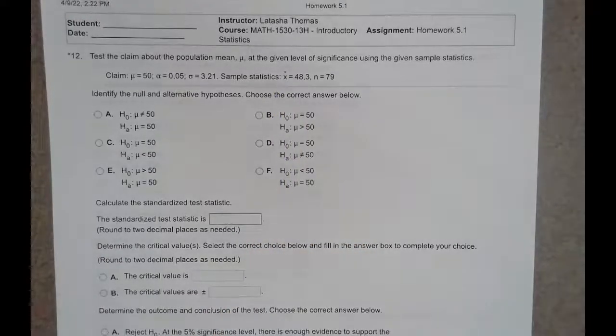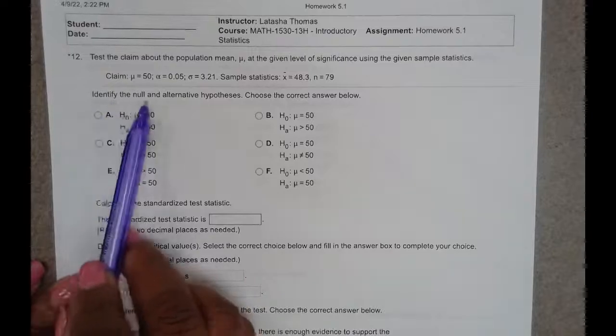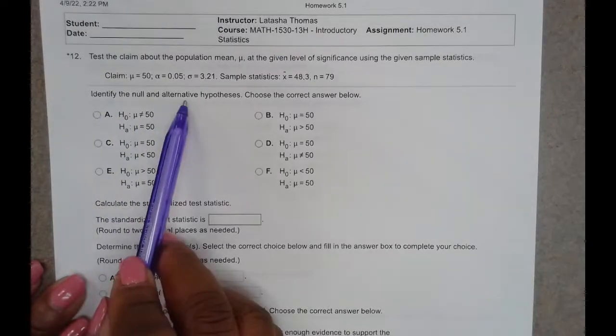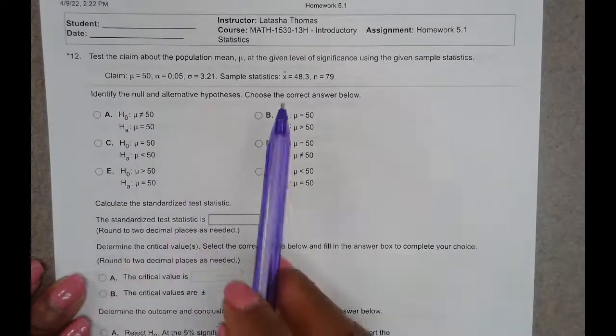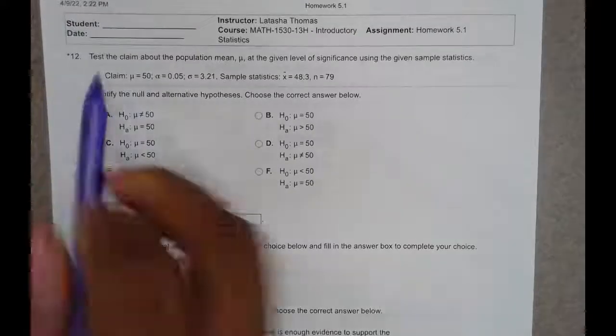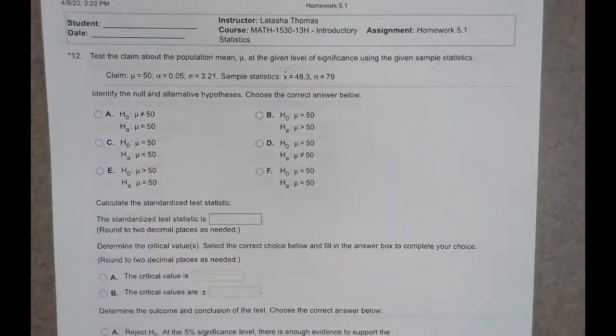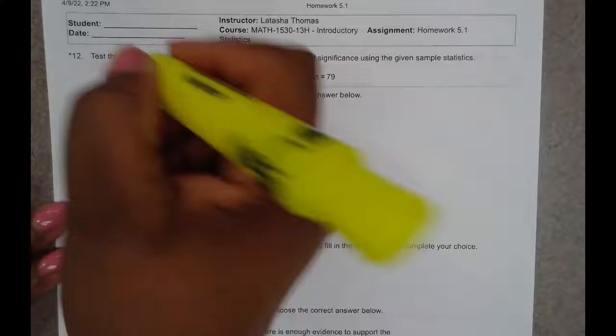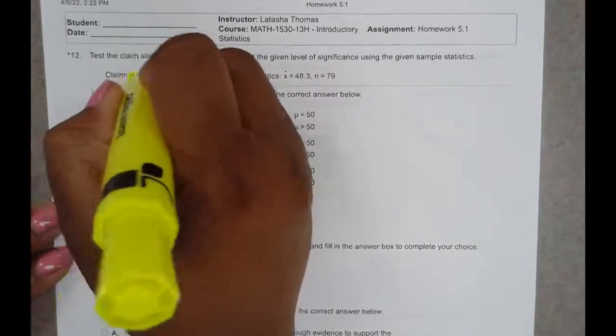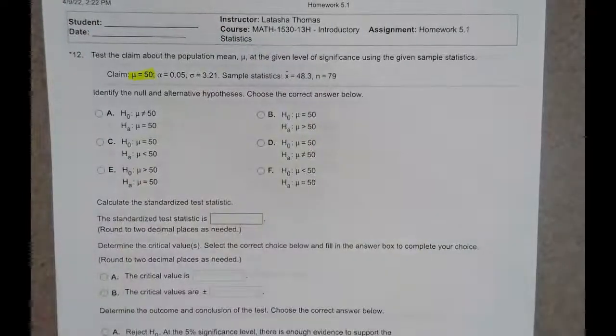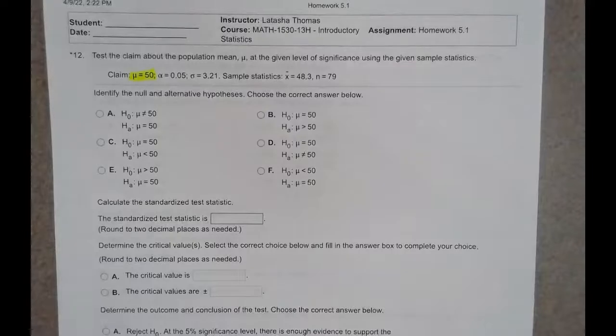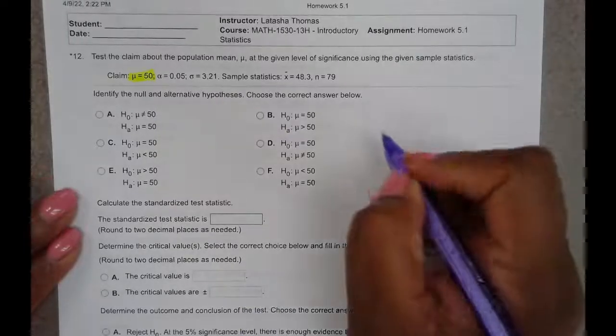So now we're going to be pulling everything that we've done so far into one problem. The first thing is identify H null and H alternative. So here's our claim. The claim involves equality. So that means that the claim should live in the null.